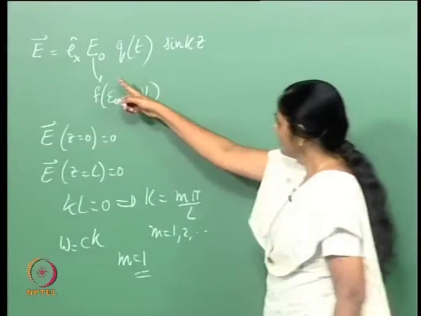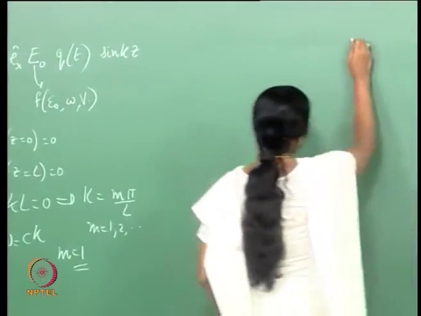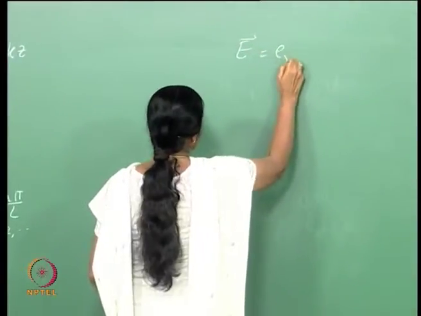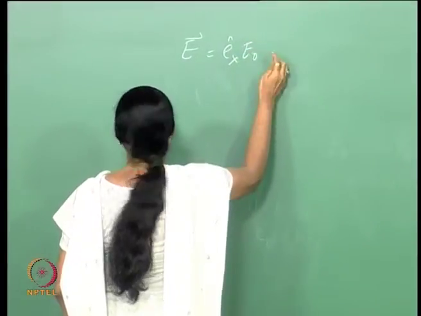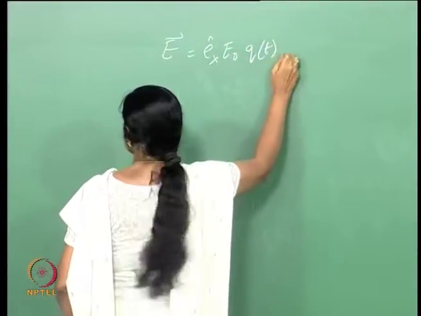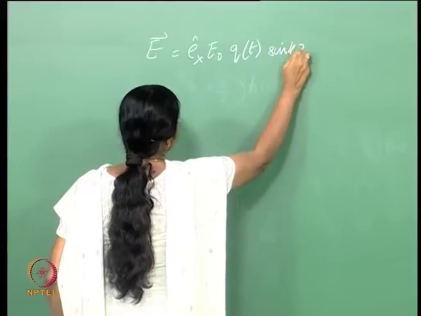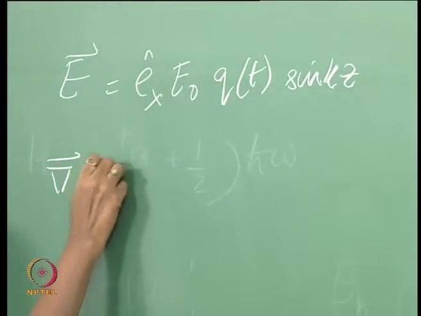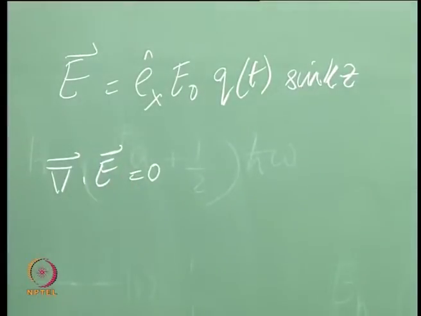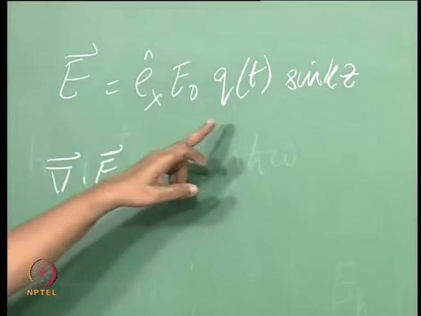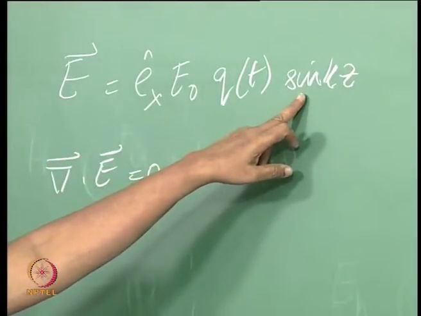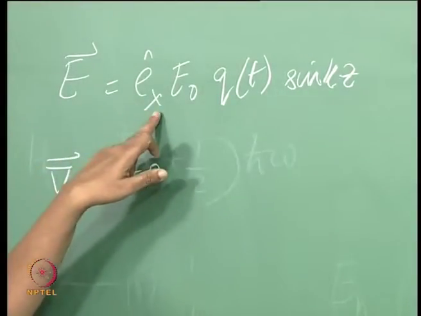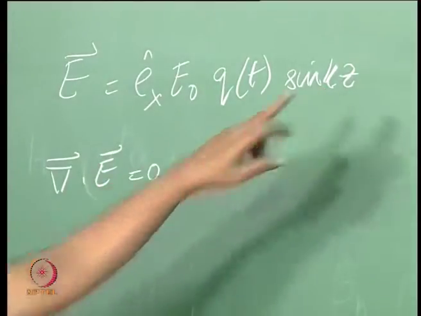So in general, I have the electromagnetic field E as x hat, E0, q of t, sin kz. I have the Maxwell's equations: del dot E equal to 0, that is automatically satisfied here because E is along the x axis and the function there is a function of z.